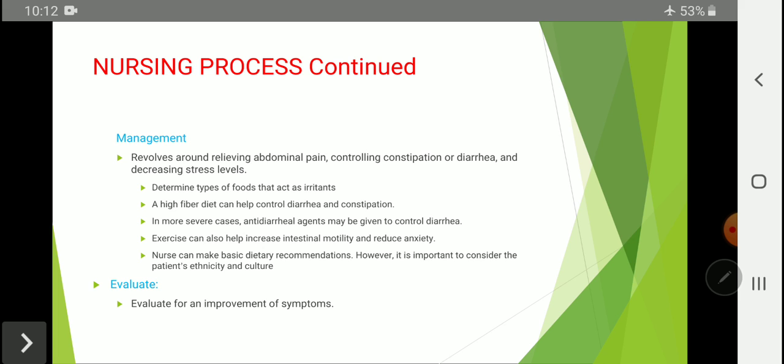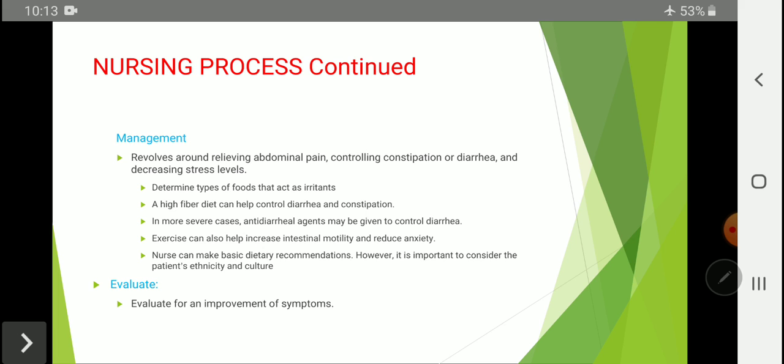Regarding the patient's ethnicity and culture, we live in a multicultural society. We have people from all kinds of races, backgrounds, and ethnicities. One of the important things, if we're trying to deliver quality care as nurses, is to be familiar with some of the basics of different main cultures in the United States.